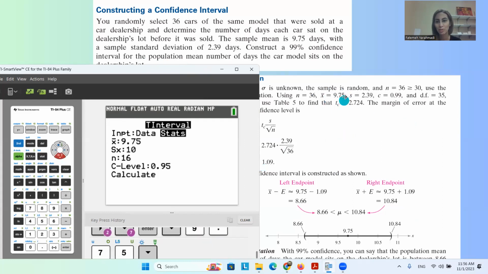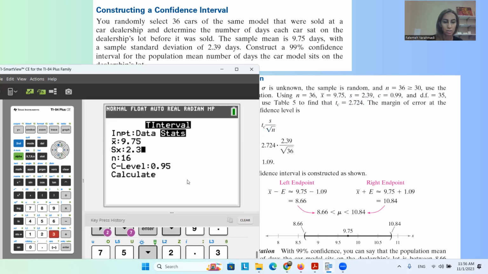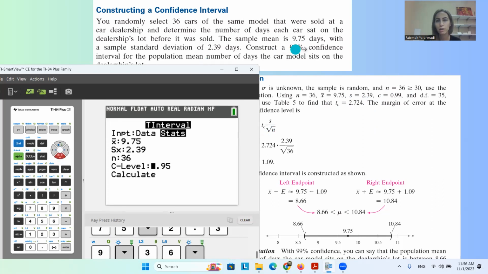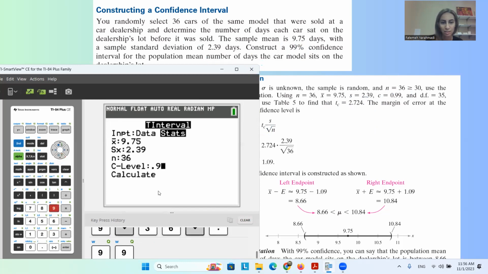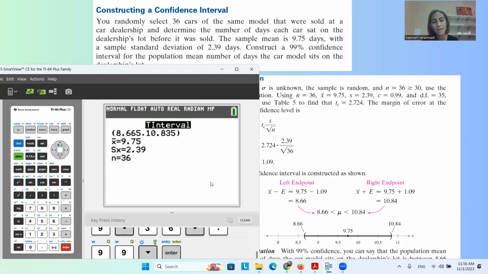Then the sample standard deviation is 2.39. What is n? n is 36. We selected 36 cars of the same model, and the confidence level is 99%, so 0.99. Let's do the calculation, and as you can see, we get a very close answer: 8.66, 8.67 to 10.83, 10.84.